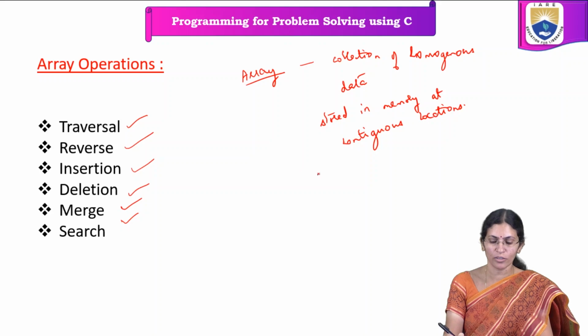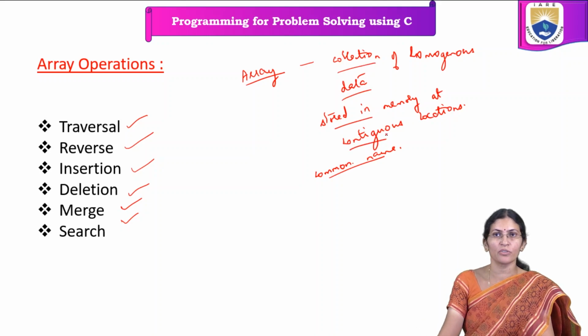And the other key point is, the array is referenced by a common name. All the array elements are referenced by a common name, or same name you can say. So these are the key points with respect to arrays.